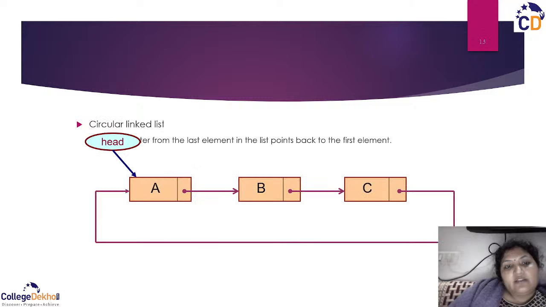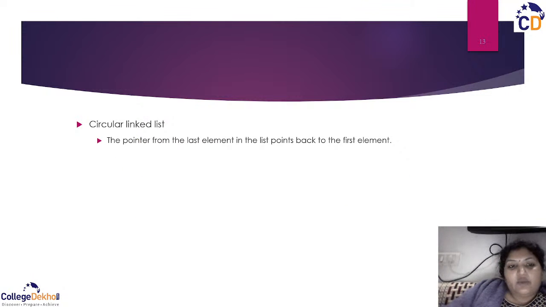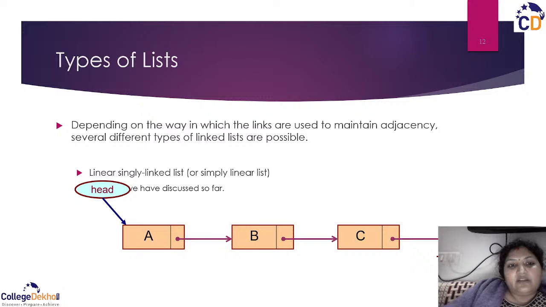And the circular list, what is a circular list? You have a number of elements, right? In a single linked list, the last element is holding null, because it is a single linked list.